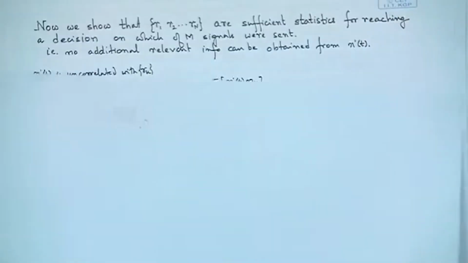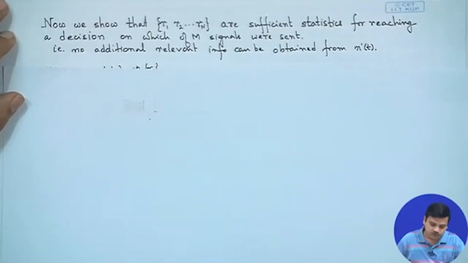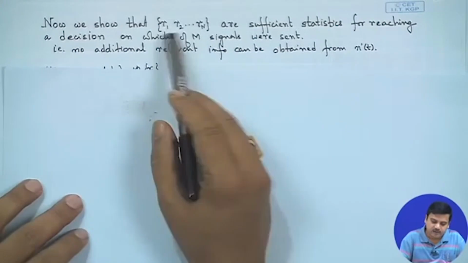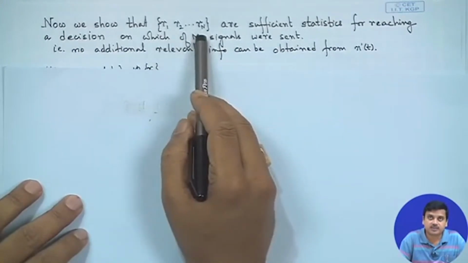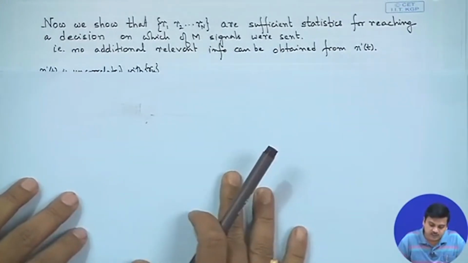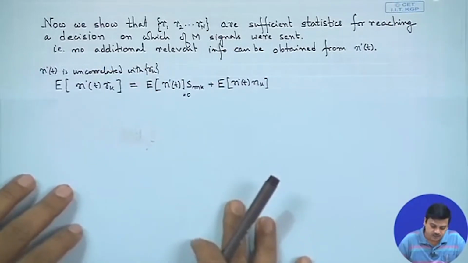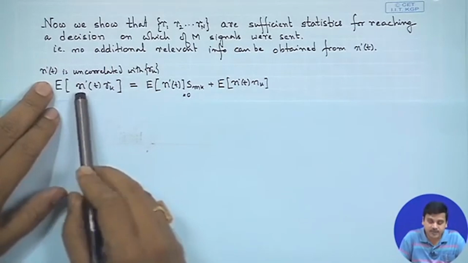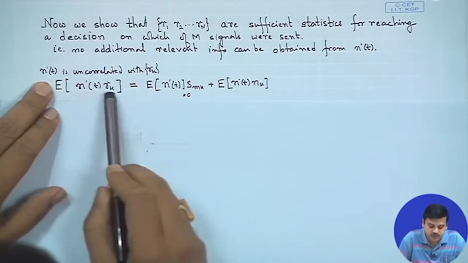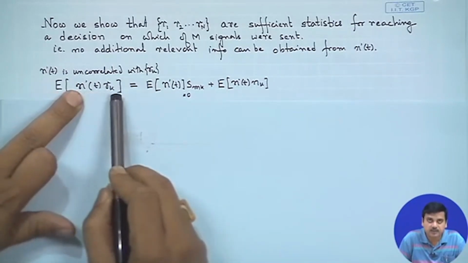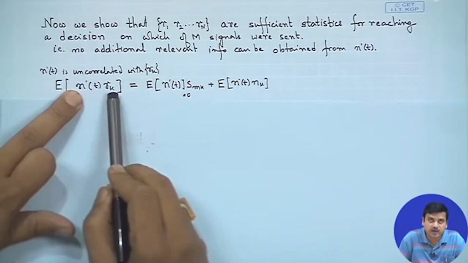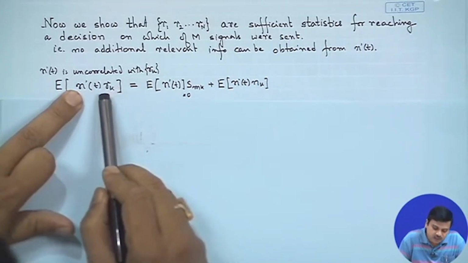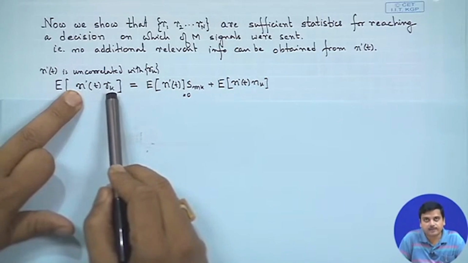What we have to show is that r1 to rn are sufficient statistics for reaching a decision on m. So, we take the correlation of n prime with r k. We are trying to see if n prime is correlated to r k, since we have actually constructed r fully from r k, or s m fully from s m k.